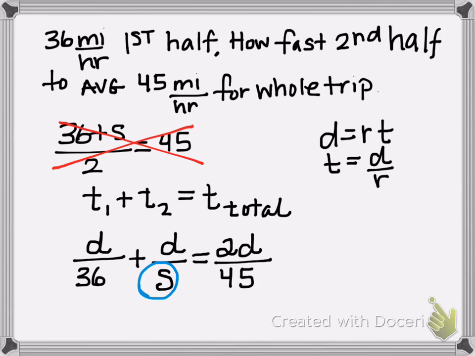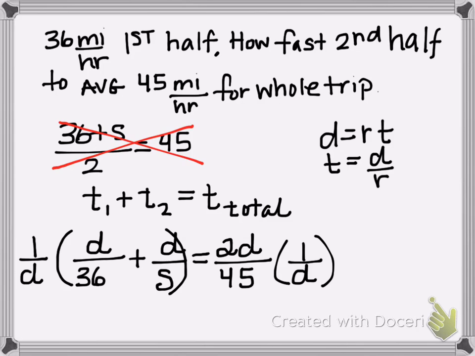Now you may say, but there are two variables, and we're not going to be able to solve for a single variable. But in fact, we can. If you simply think about doing this, can I multiply both sides by 1 over d? Yes, I can.